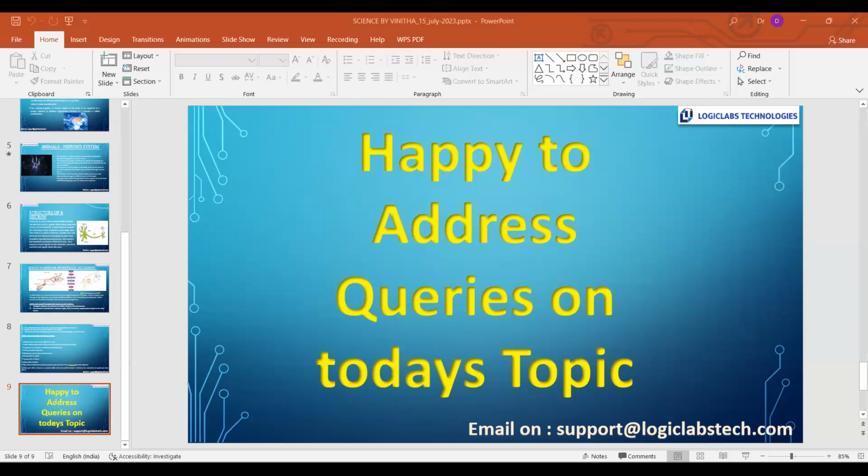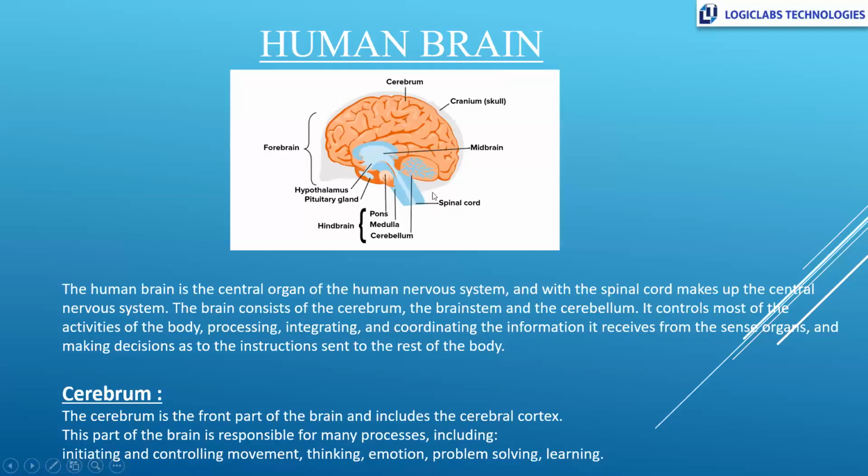The human brain is the central organ of the human nervous system, and with the spinal cord makes up the central nervous system.